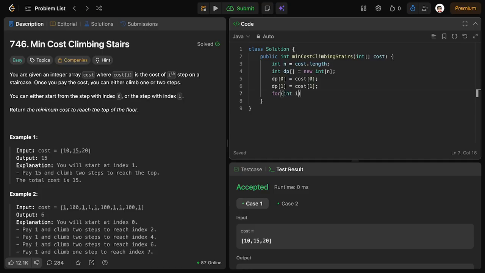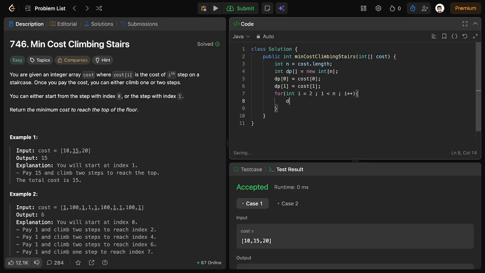For int I is equal to 2, I is less than n, I plus plus, dp at I is equal to cost at I plus math.min of dp at I minus 1 comma dp at I minus 2.